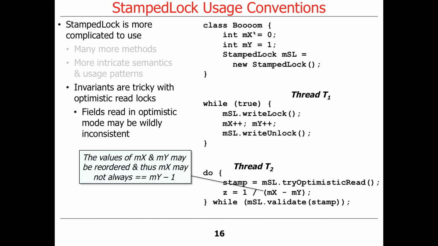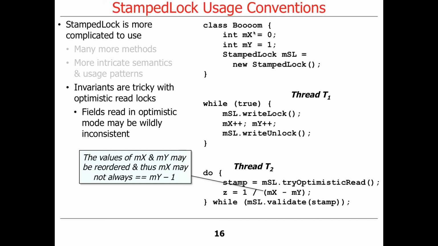Down here, we have thread 1, which is going to grab the write lock, increment x, increment y, and release the write lock. If this was a classical, fully synchronized approach, the invariant that x is always 1 less than y should be preserved when you go to a thread that's accessing these values.